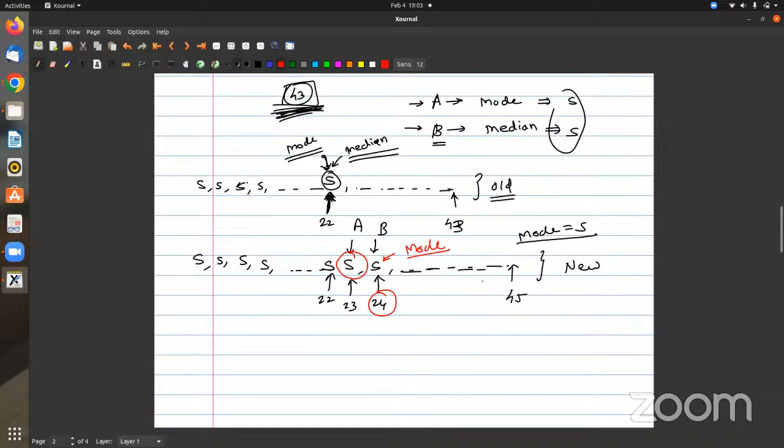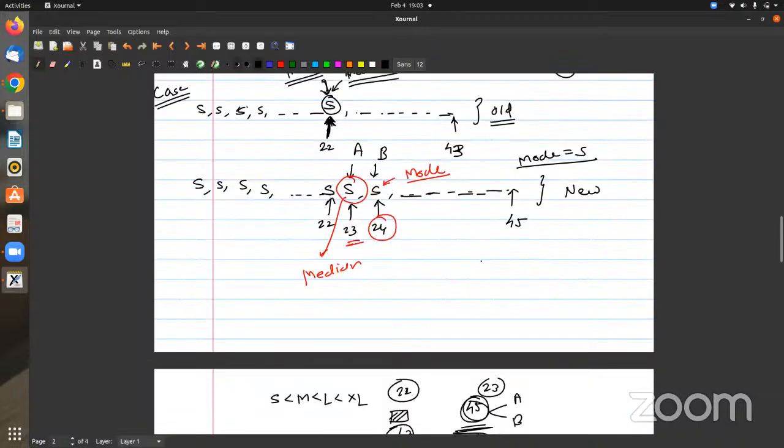No other number can exceed 24 now. And it is also the median, because the 23rd entry is S. So in case 1, my mode and median both do not change.